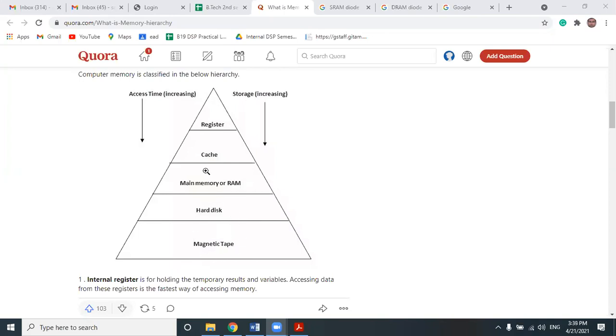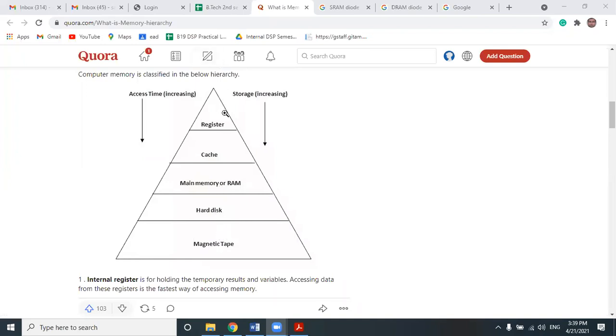Okay. Now this comes to the second parameter, that is the storage parameter, which is also in terms of increasing. Increasing means the register contains the lowest data or smallest storage, whereas the secondary disk, the hard disk, has the highest storage and can contain a large volume of data. And in the same order, it will increase. The register contains the lowest data, then cache memory contains a little bit more data than register, then main memory, then hard disk.